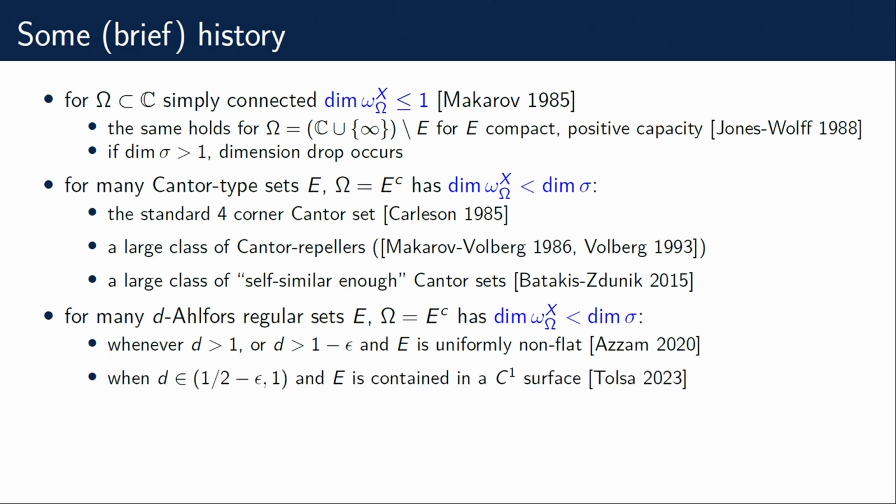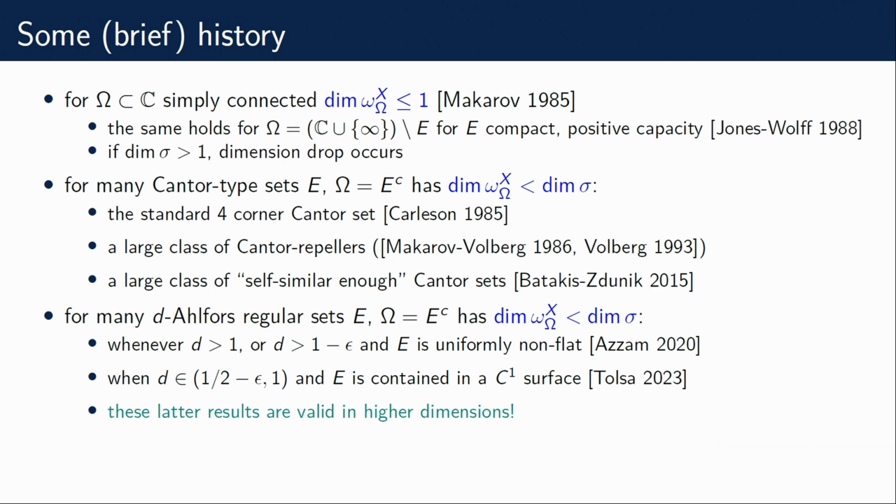And more recently, there's a result of Xavier Tolsa, who proved that if d is between 1 minus epsilon and 1, and you also know that the boundary E is contained in a C1 surface, then you have dimension drop as well. I separated these because these hold in higher dimensions, whereas the previous ones very much use complex analysis and conformal maps and things like this.